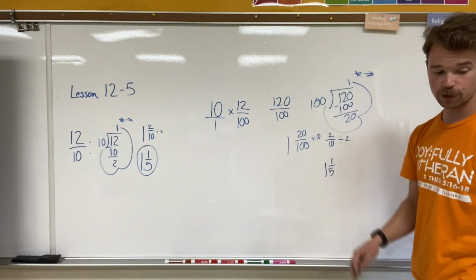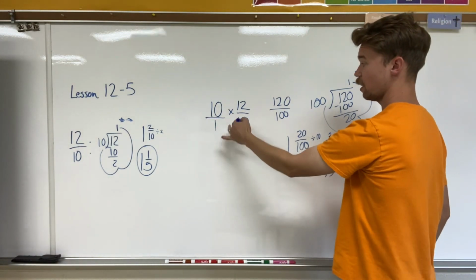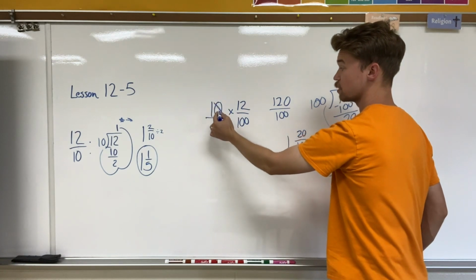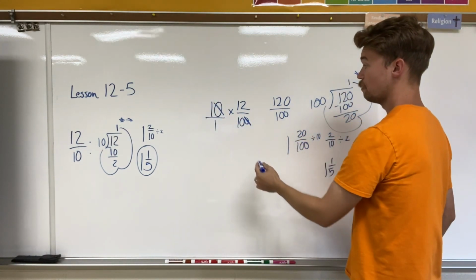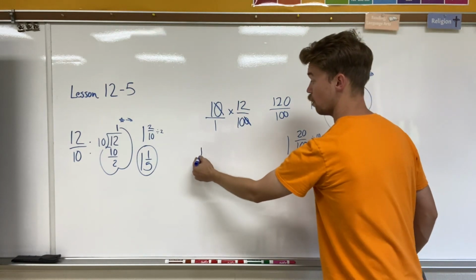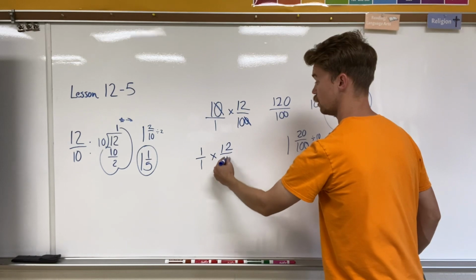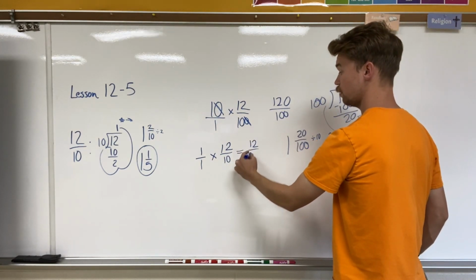Now, if I were to cross simplify from the very beginning, such as here, if I went back to this step, I could cross out the 10 here because I'm dividing both sides by 10. My new number would be 1 over 1 times 12 over 10. Well, that would equal 12 over 10.